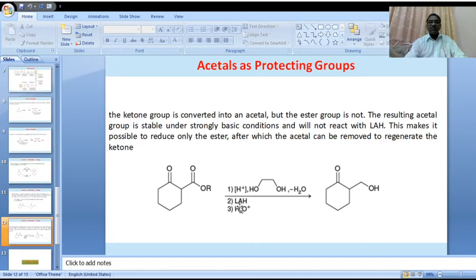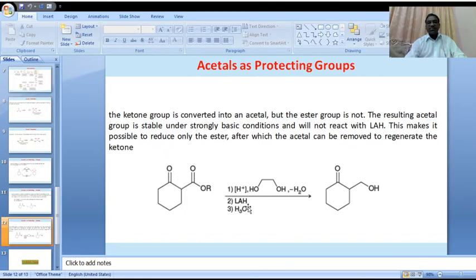Here we are using LAH for reduction. In the presence of LAH, only this ester function group is reduced. There is no change in the acetal structure in the presence of LAH.